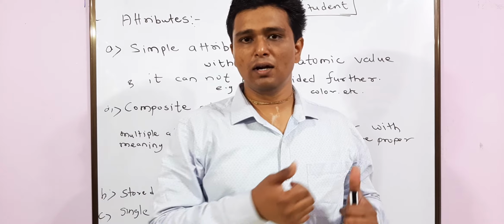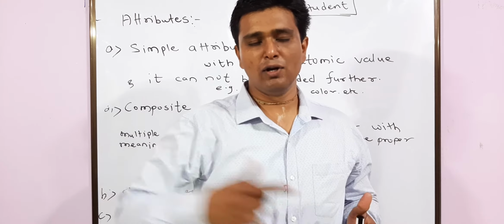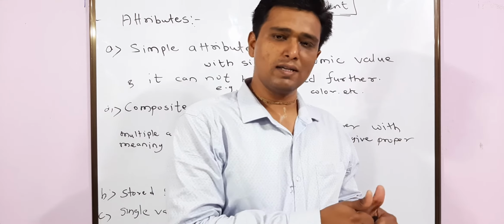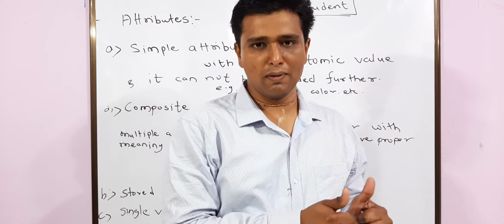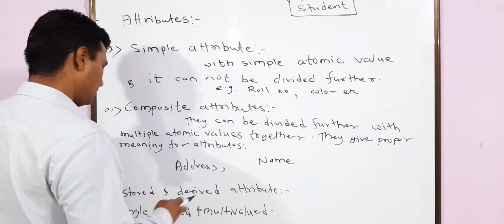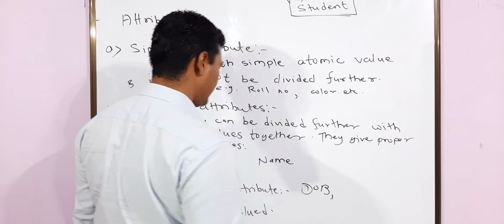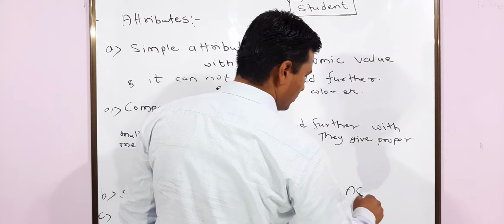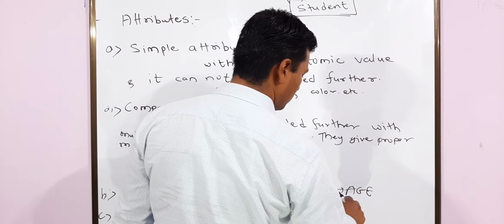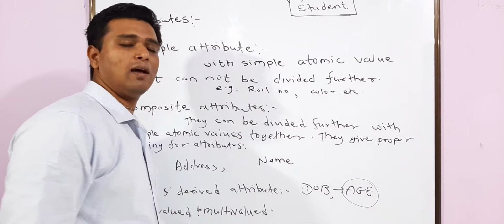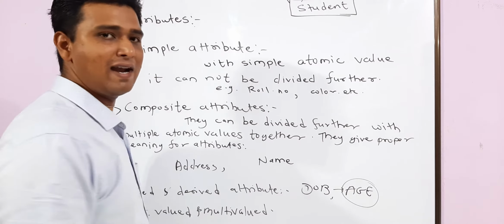So a stored attribute helps to derive an attribute. The derived attribute is age, but the stored attribute is date of birth. This is a very good example: date of birth derives age, so age is called a derived attribute. You can think of more examples of stored and derived attributes.